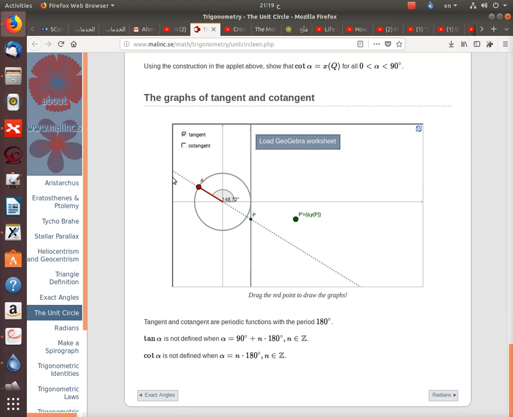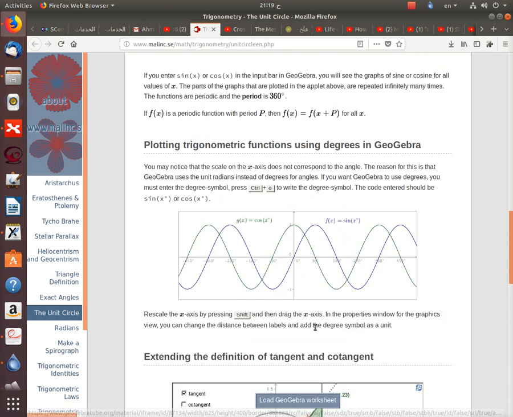The graph of tangent and cotangent. Tangent and cotangent are periodic functions with period 180. So the period of cotan and tan is 180, but the period of sine and cosine is 360.